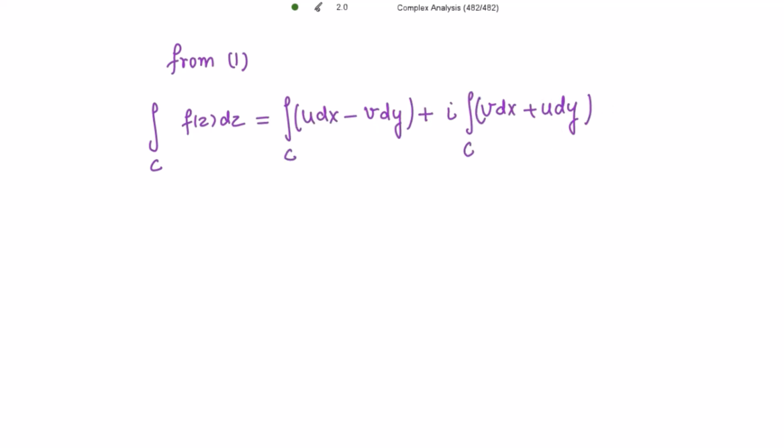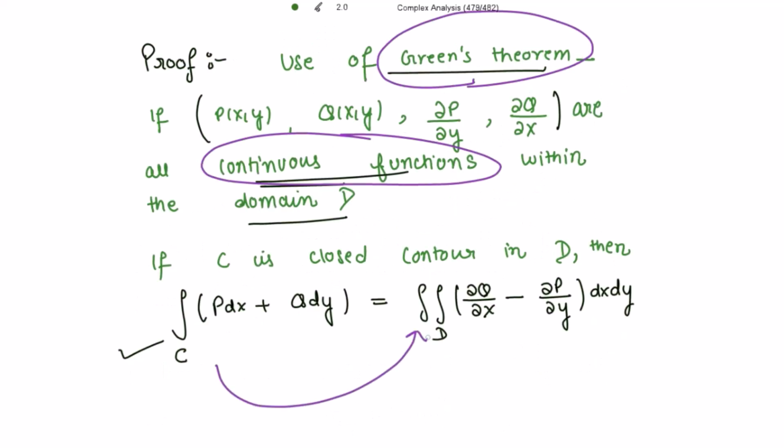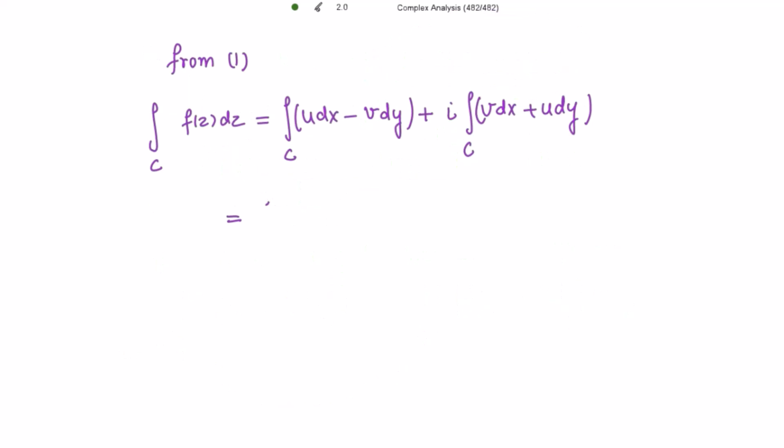And now we are going to apply the Green's theorem over here. So this line integral is changed into the double integral, right? First, this is partially differentiated with respect to x, then minus this function is partially differentiated with respect to y. So first we have to write the partial derivative of the coefficient of dy with respect to x. So this is equal to the double integral over the domain.